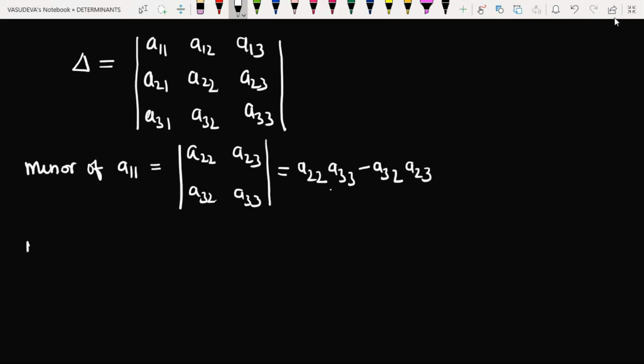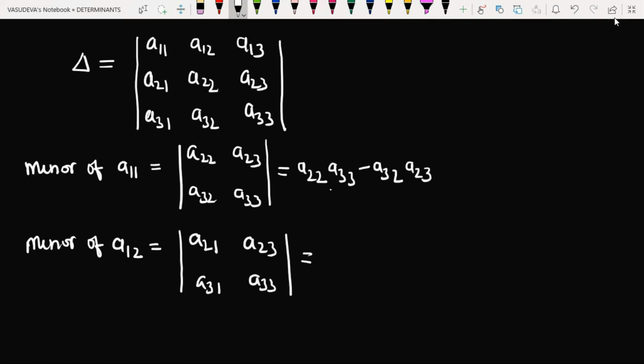and the minor of A12, that is, leaving the elements of the first row and the second column, the determinant of A21, A23, A31, A33. So taking the expansion of the determinant, A21 into A33 minus A31 into A23.